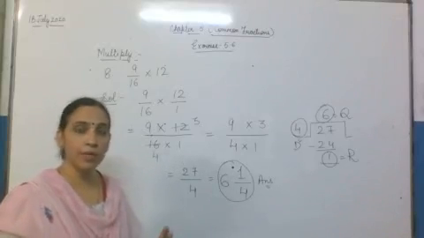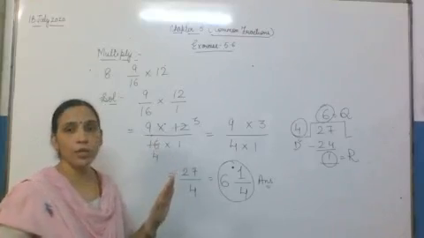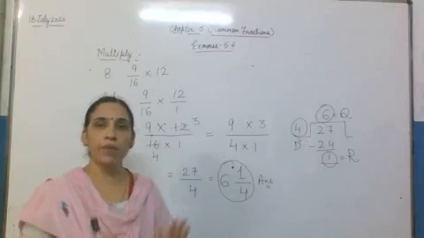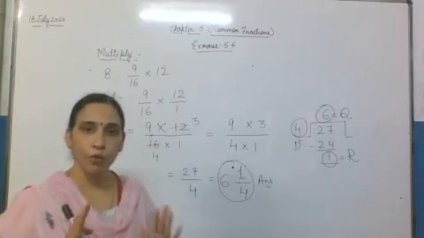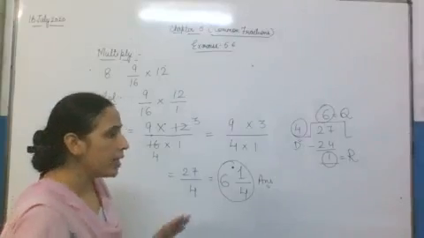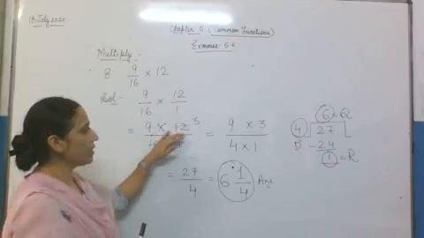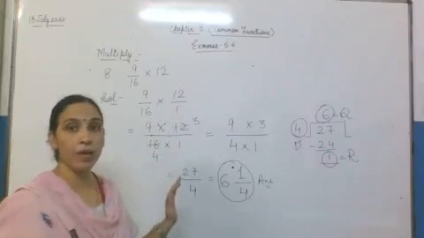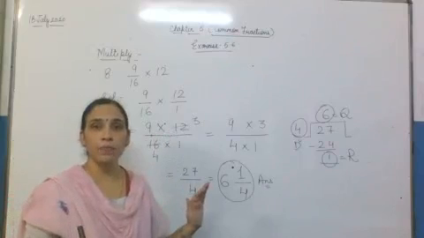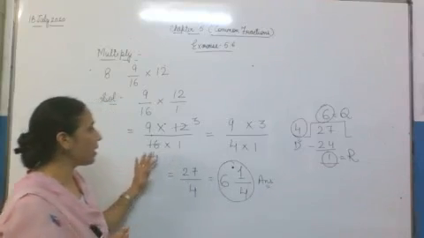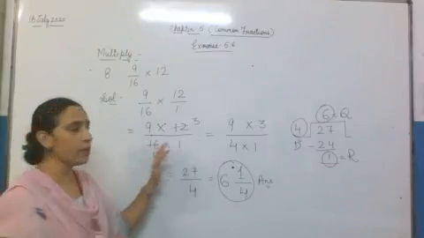You have to see whether any numerator or denominator comes in a common table or has any common factor. If you find any common factor, it will be reduced by that common table. Now here we can see 12 and 16 come in the table of 4. So we will reduce by a common table which is 4.